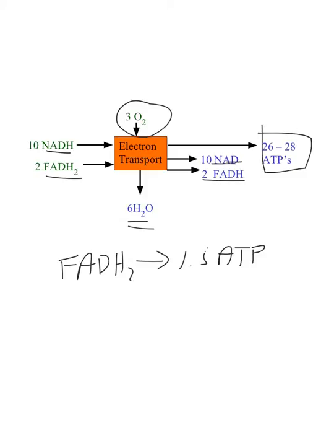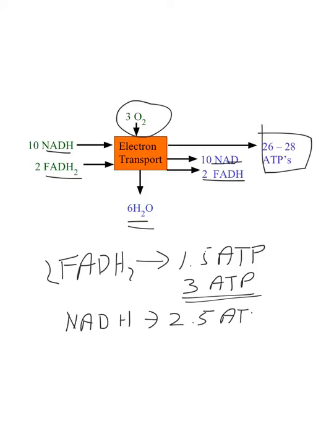Well, we had 2 FADH2s, so that gives us 3 ATPs. For every NADH that you pump into the system, you can get an average of 2.5 ATPs. Well, if we had 10 of these, that's 25 ATPs. 25 plus 3 is, hey, 28.